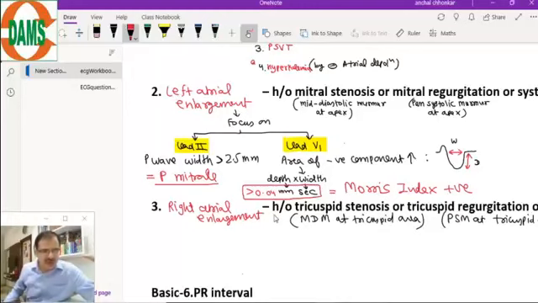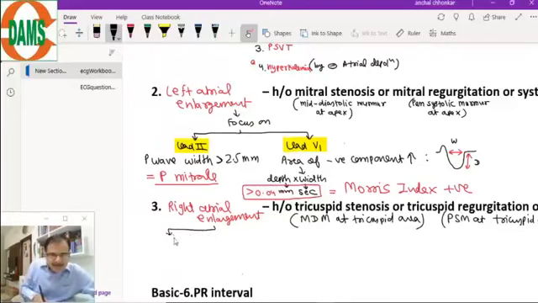So this differential diagnosis I have made in my mind. Now I will focus on two ECG leads, lead 2 and lead V1.